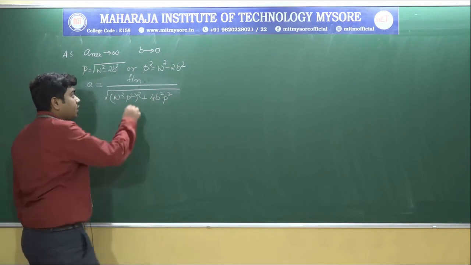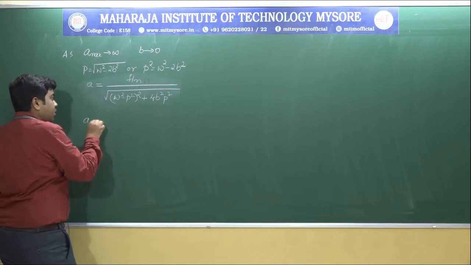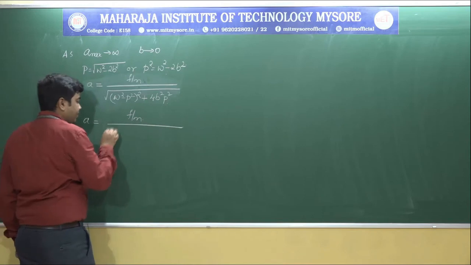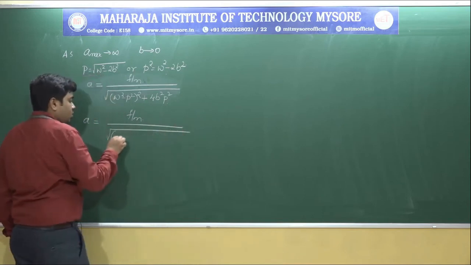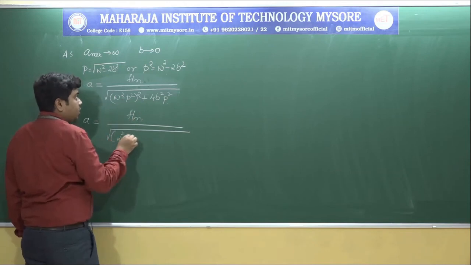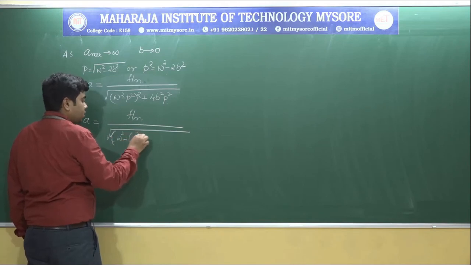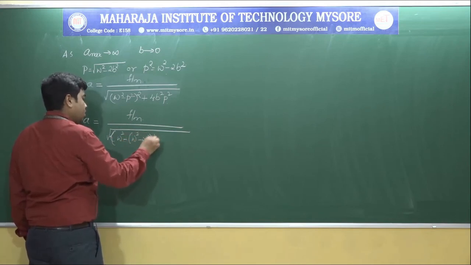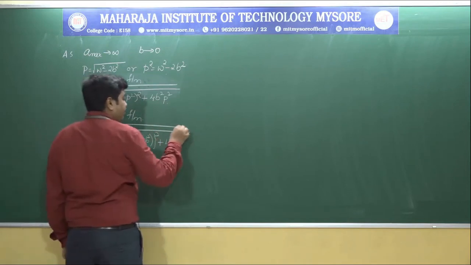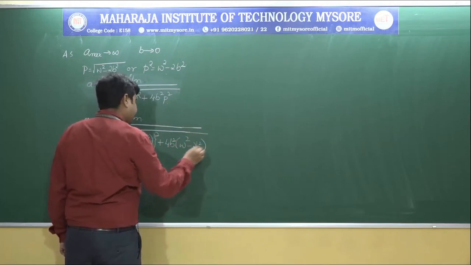So, whenever there is P square, we substitute this value. It becomes A is equal to F by m whole divided by square root of (omega square minus (omega square minus 2b square)) whole square plus 4b square (omega square minus 2b square).